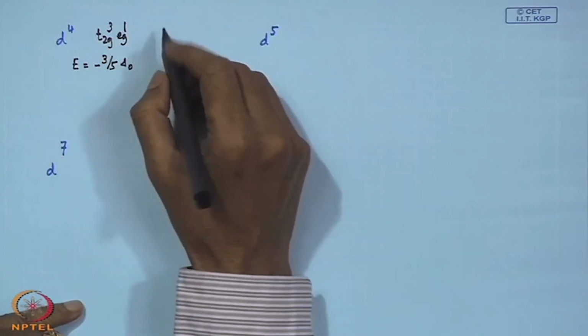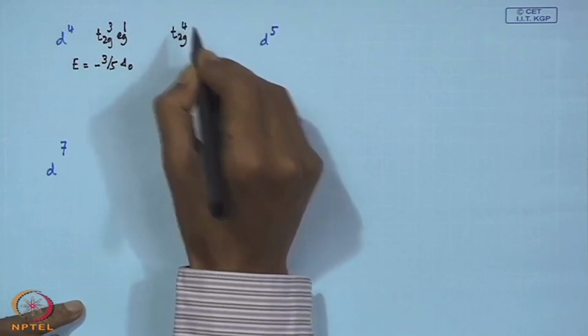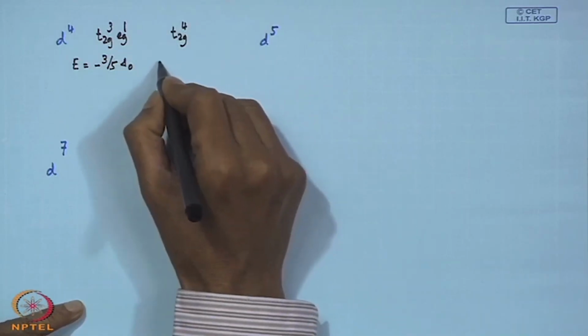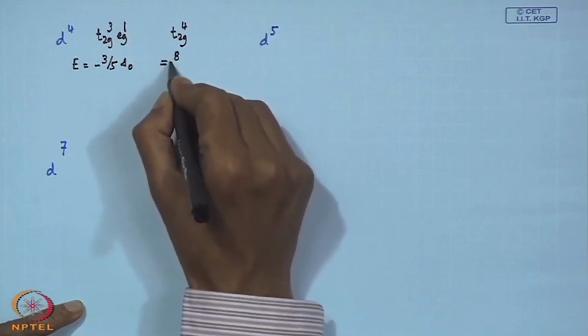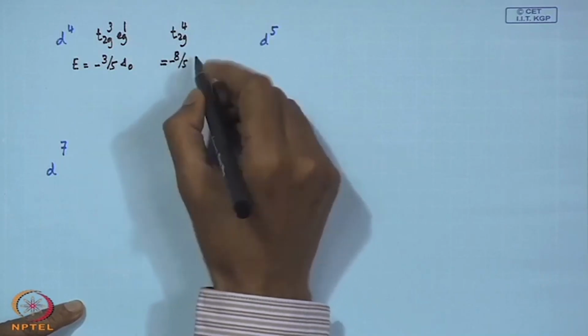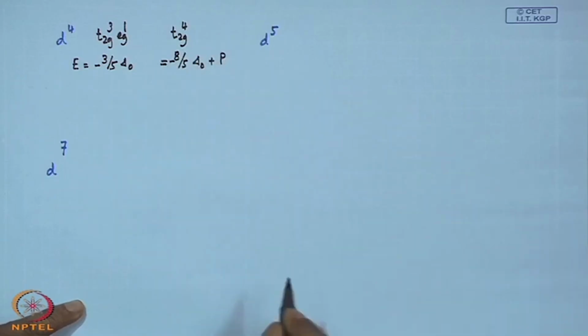This is for high spin. For low spin we have t2g4 and E is equal to minus 8/5 delta O plus P.